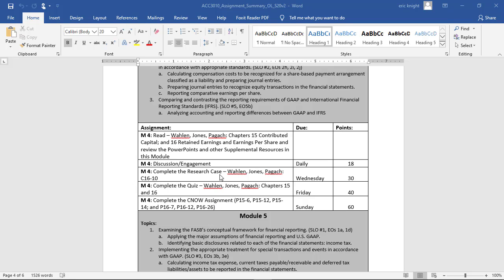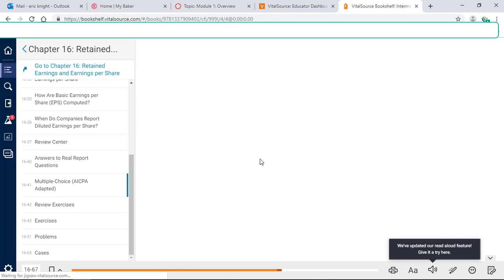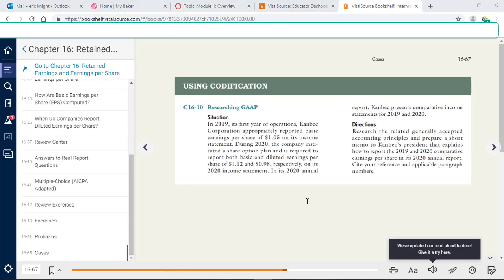The research case, we did one in week 1, so the same information to help you understand what I'm looking for applies to this research case as applied to week 1. So the page that we're going to look at is page 16-67. So we have here the research case.